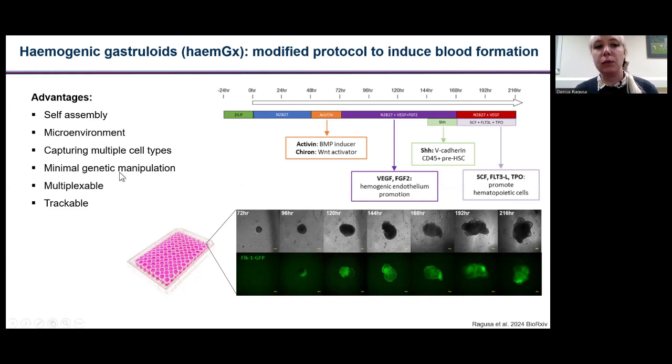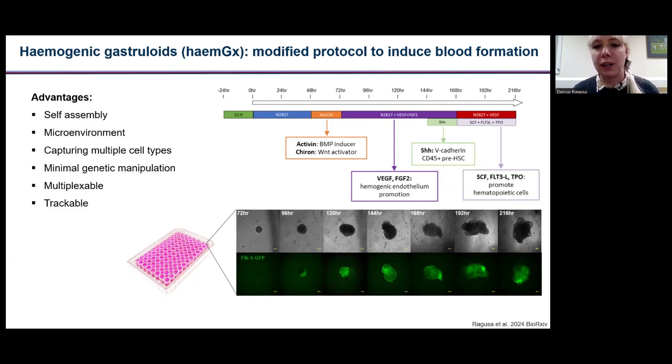We can do this with minimal induction of different factors. And because it is in a 96-well plate, it's multiplexable and trackable. So we used embryonic stem cells with a Flk1-GFP marker, as you can see here in green, which is a marker of endothelium. So we can see the activation of this side of the gastruloid.